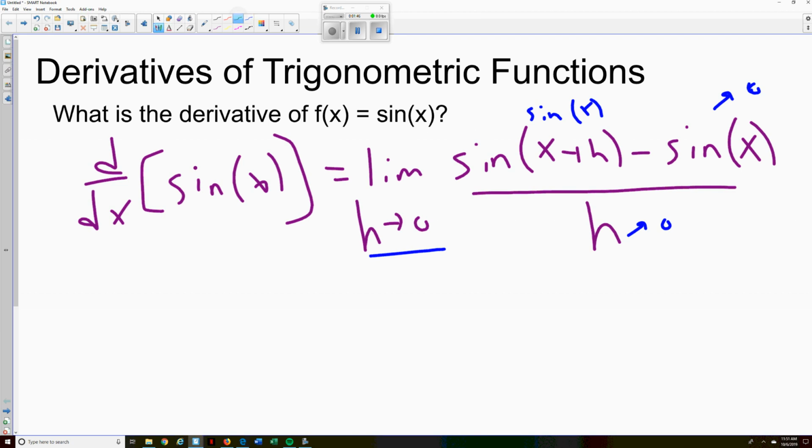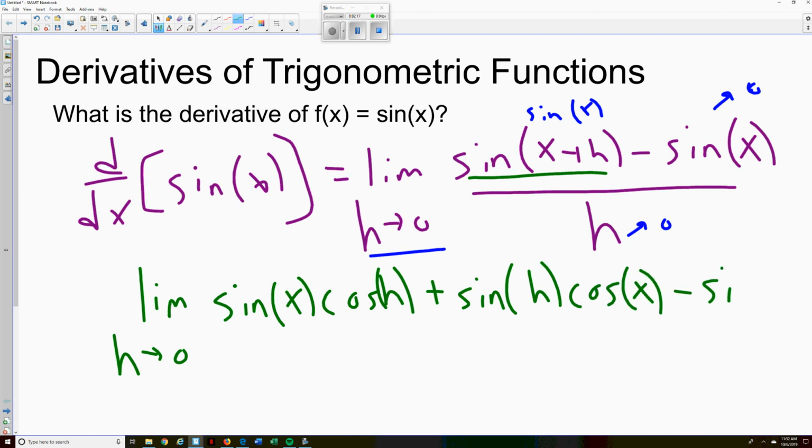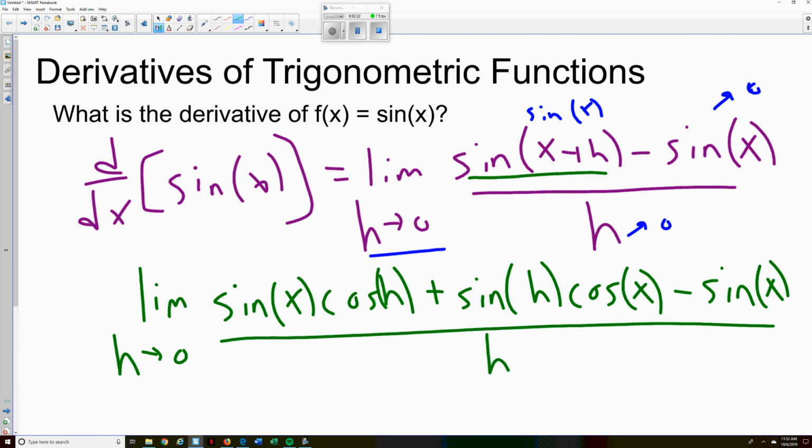Okay, so now what I want you to notice, we know what this is. If you need to, go back to your notes from pre-calculus or find it on the internet. But this is the same as the limit as h approaches 0 of sine x cosine h plus sine h cosine x minus sine x all over h.